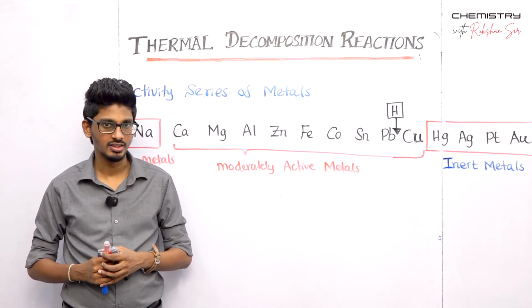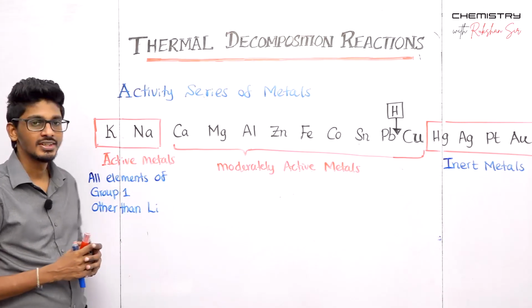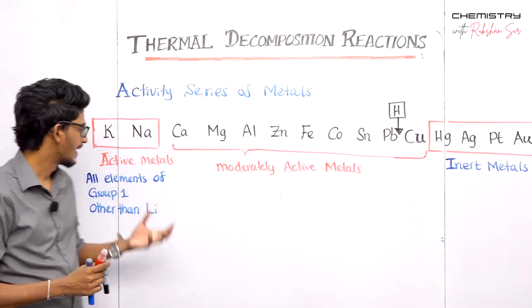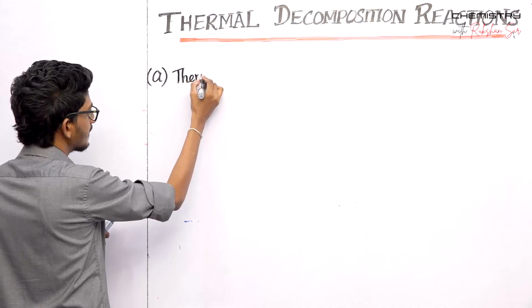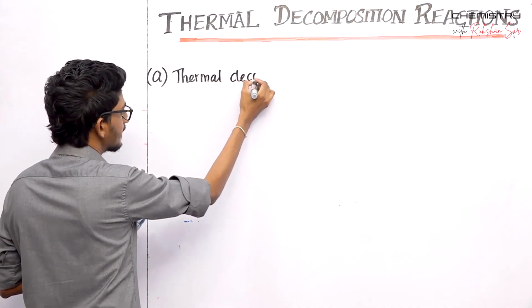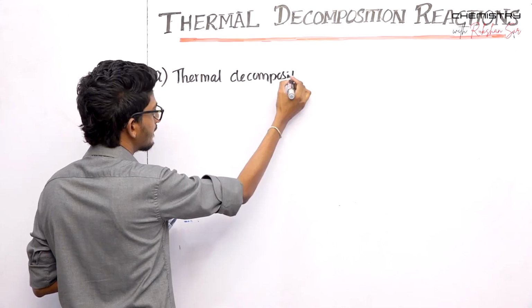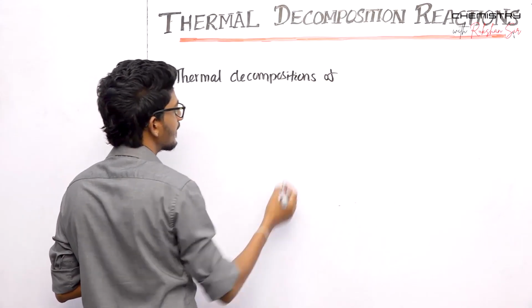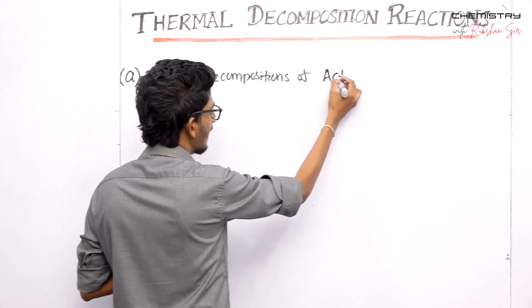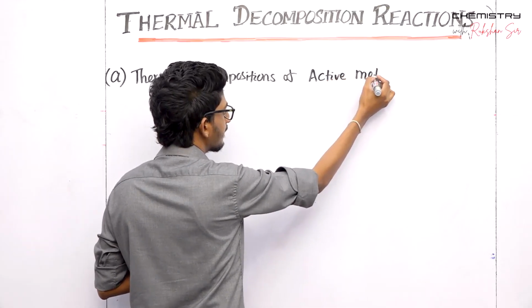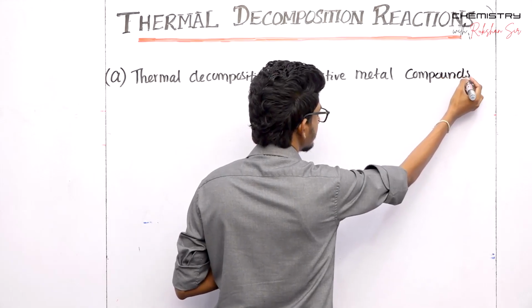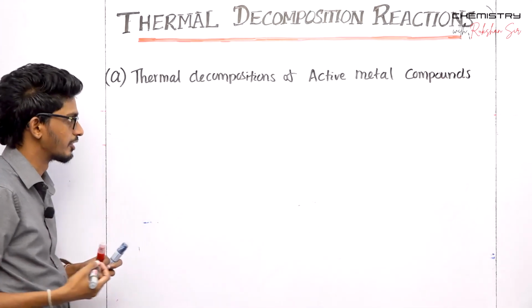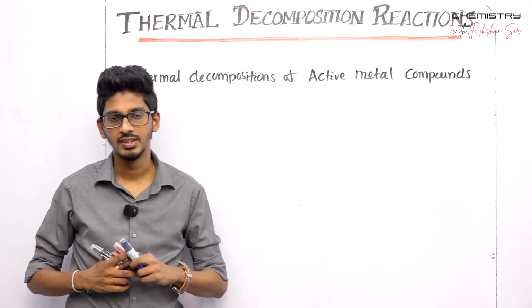First, let's start with the thermal decompositions of hydroxides, carbonates, bicarbonates, and nitrates of active metals. Thermal decompositions of active metal compounds. Here we are referring to hydroxides, carbonates, bicarbonates, and nitrates.